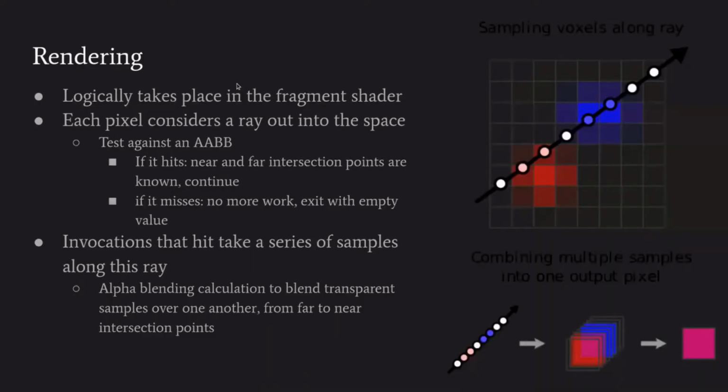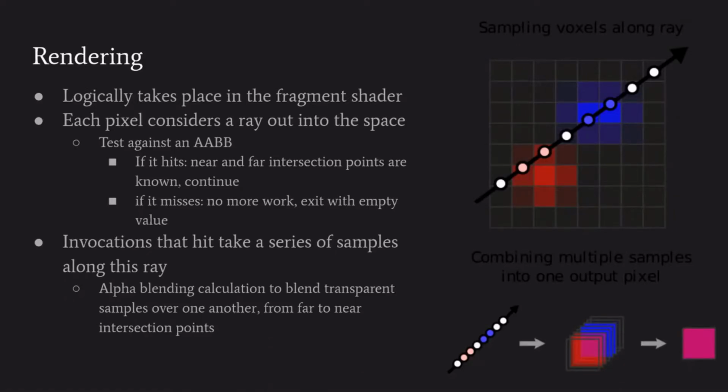So the rendering, you can think of it logically as if it were taking place in the fragment shader. That's per pixel, right? Each pixel considers a ray computed from gl_FragCoord, goes out into space, and tests against an axis-aligned bounding box that contains all the voxel data.